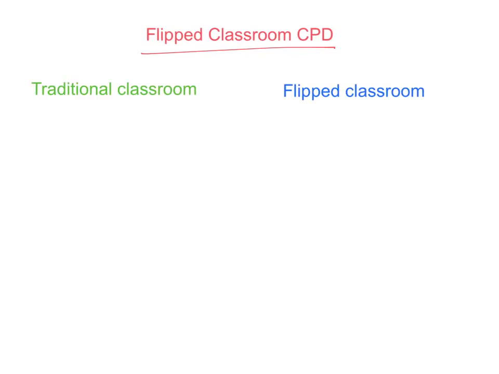Okay, so let me talk about a traditional classroom and then how it works in relation to a flipped classroom. I'm not going to spend much time on the traditional classroom, because obviously you'll know how you do your teaching. But in a traditional classroom, essentially I would stand at the front and give theory in lessons.